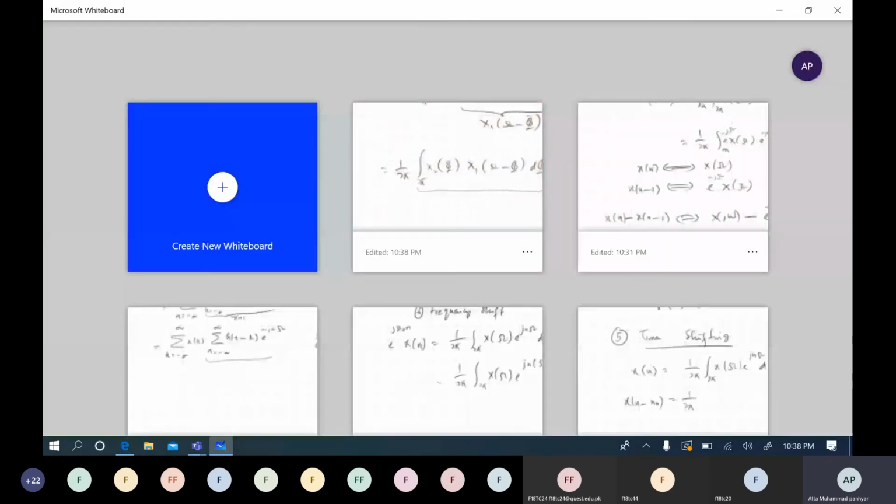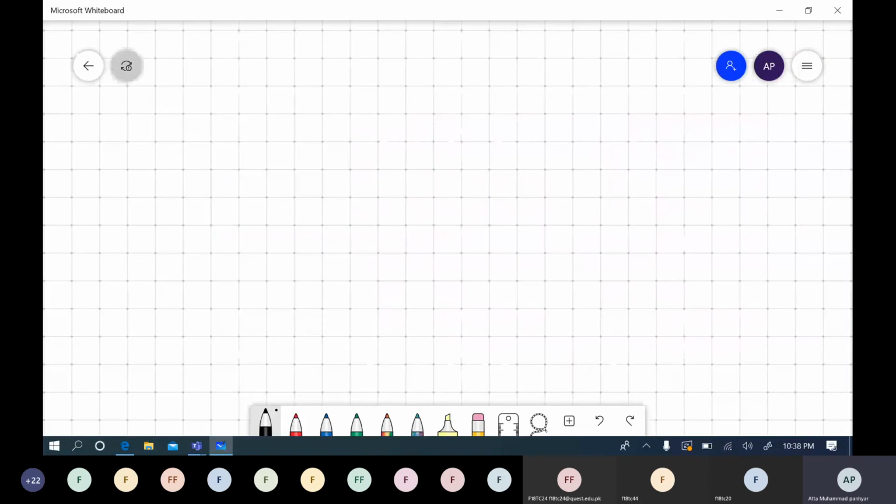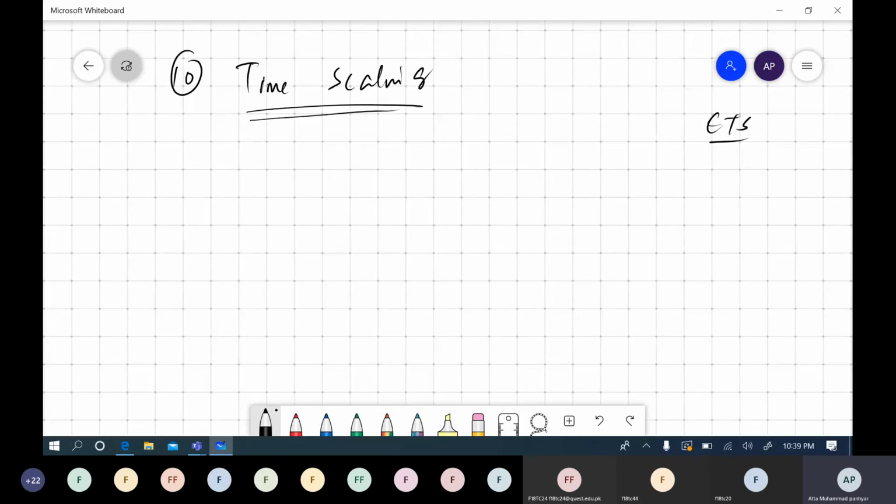So another property is the time scaling property. This property is also very important and requires undivided attention. Time scaling, right? In continuous time Fourier transform, what we said is, for example, if we have x of t, and if its continuous time Fourier transform is X of omega, then if we have x of at, its associated spectrum was 1 over absolute of a times X of omega over a, right?